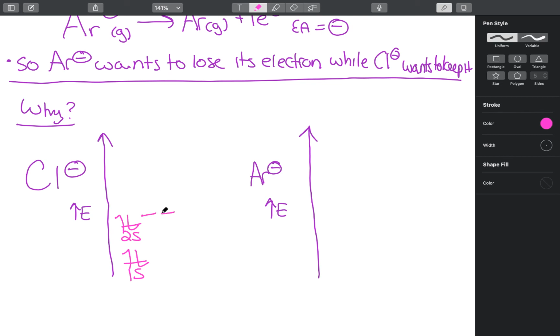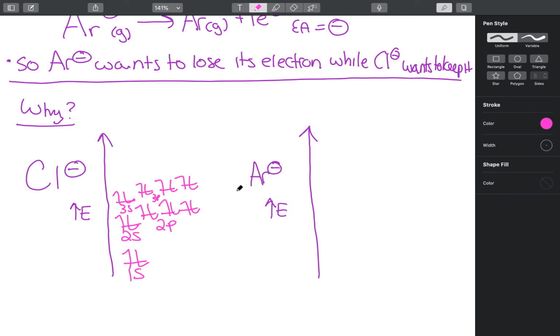And then 2p is just above that, so our 2p is fully filled. Then the 3s, and then our 3p, which will be fully filled.